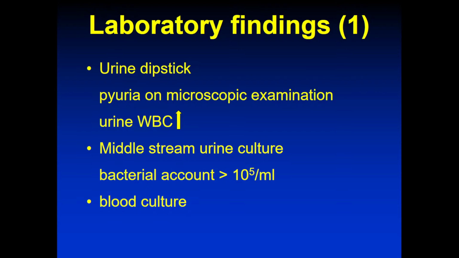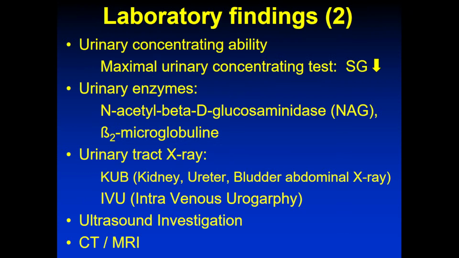We have to evaluate the bacterial count. In the case of pyelonephritis, it increases to 10 to the 5th per milliliter, but we should take the urine from the middle stream. And at last, the blood culture, whenever we suspect systemic septicemia.